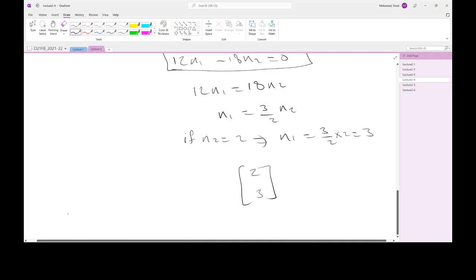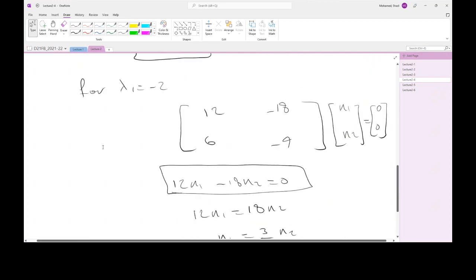All right, so this is the first eigenvector. For the second eigenvector, I'll probably just type it on top of this old one. I have here n and here minus 11. Now for lambda 2, this was lambda 1.